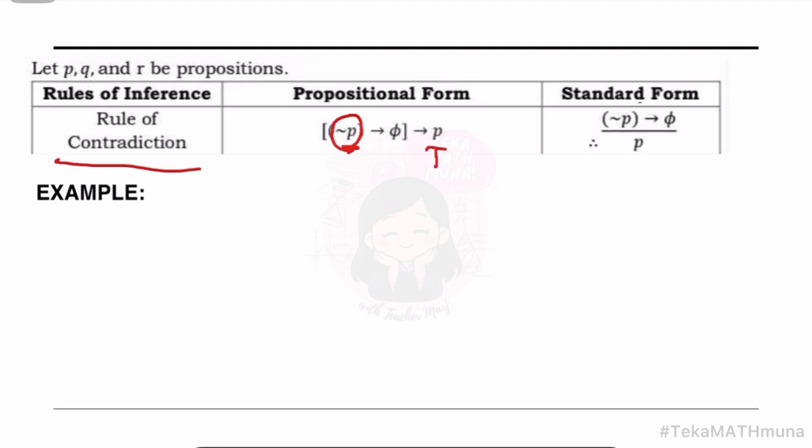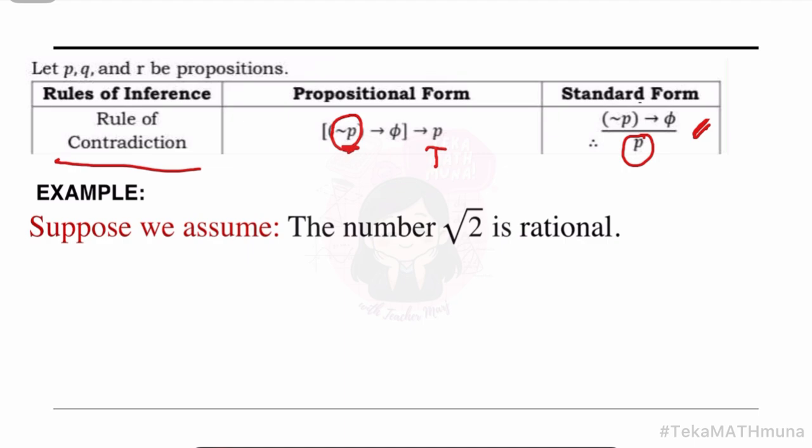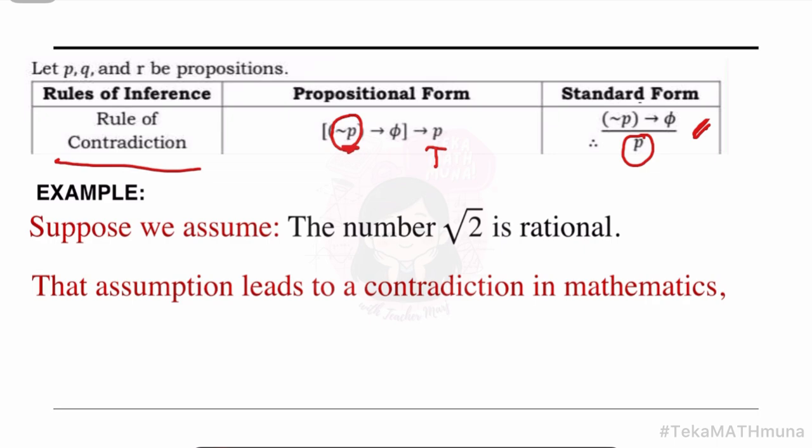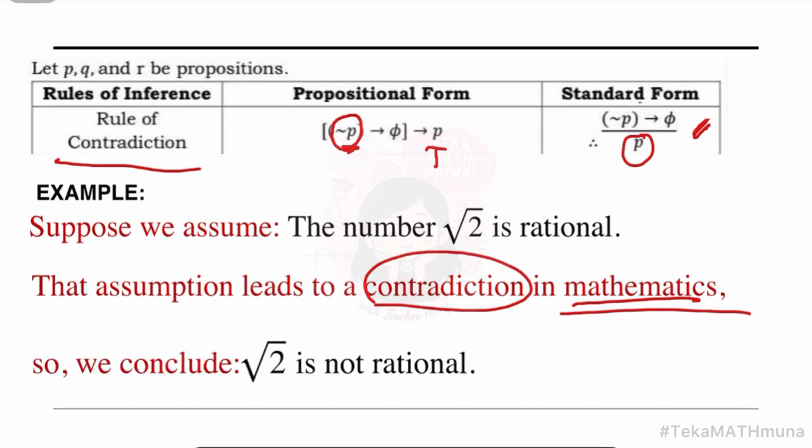So this is the symbol, and the conclusion will be the proposition P. Example, suppose we assume the square root of 2 is rational. That assumption leads to a contradiction in mathematics. So we can conclude that the square root of 2 is not rational. This is the foundation of proof by contradiction.